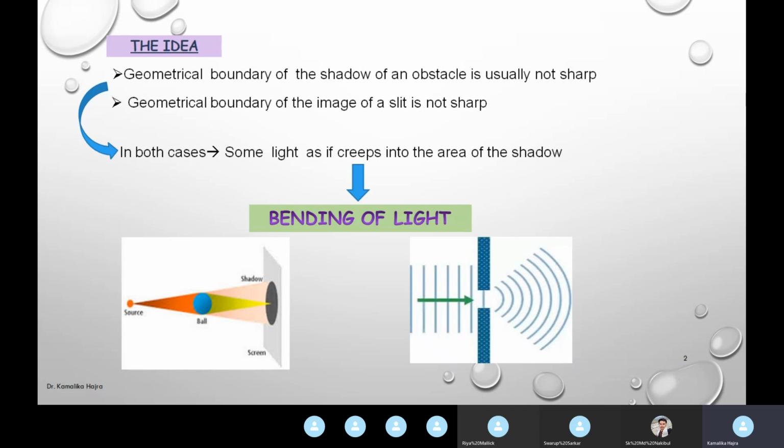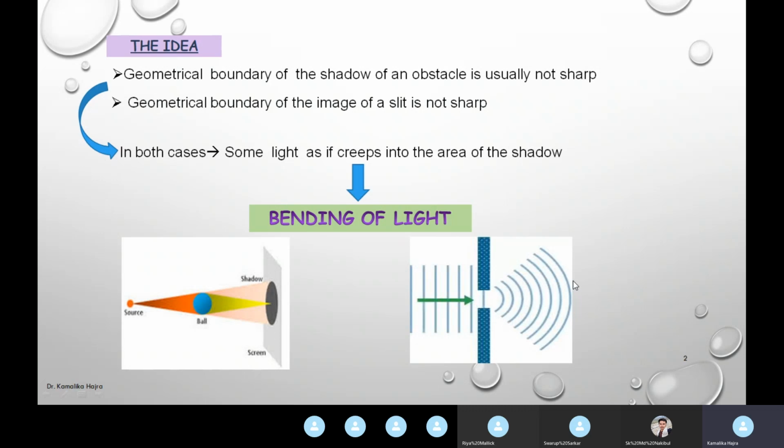Then this is a slit kept in front of a source of light from which plane wave fronts are coming, and if you take an image of this slit, you will see that the image is not only of this small aperture.